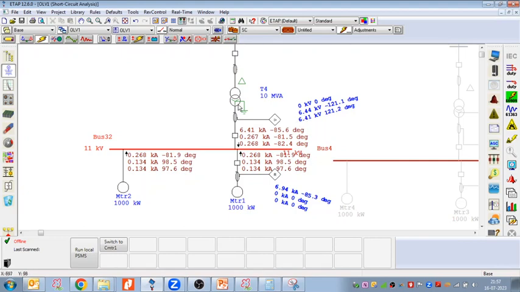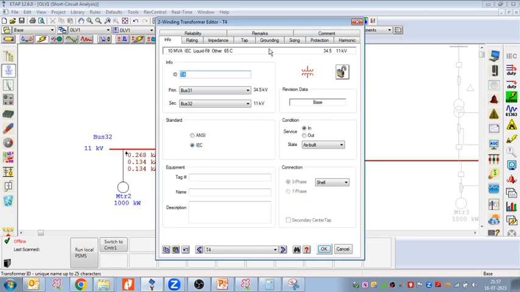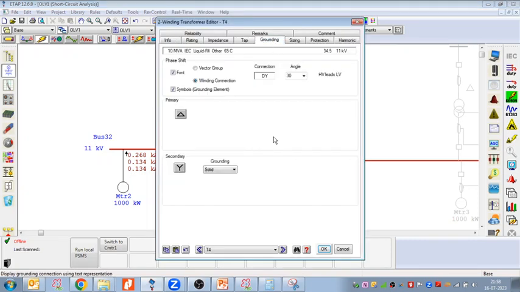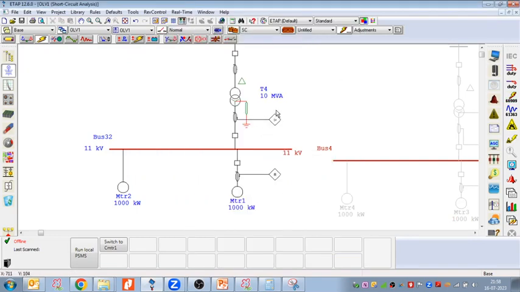But what is the problem? If I wanted to limit the 6.41 kiloampere current, to reduce this current I insert a resistance over here, and suppose I wanted to limit the current from 6.4 kiloampere to only 100 ampere. In that case, let us see the impact on the voltage.